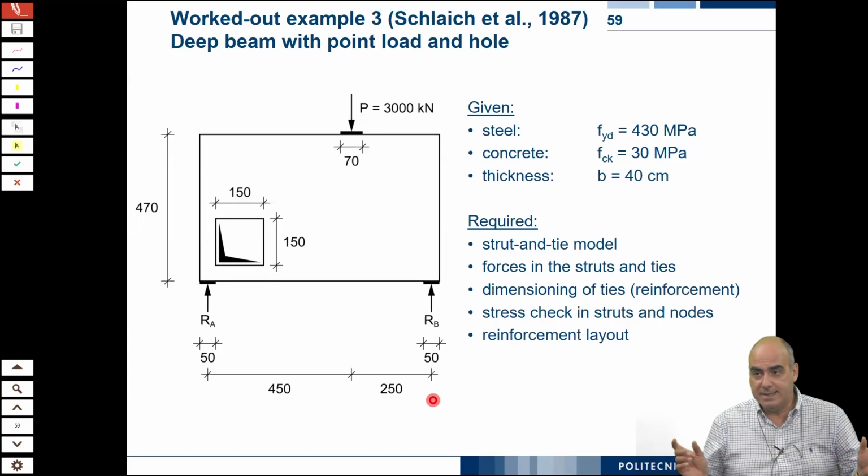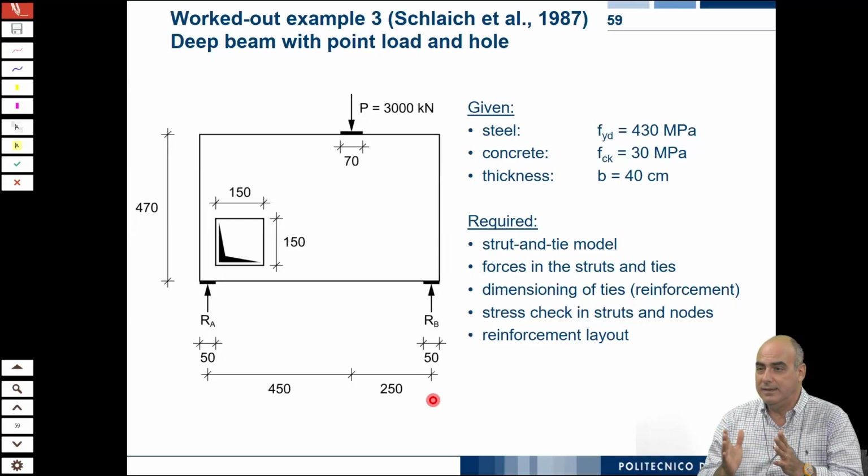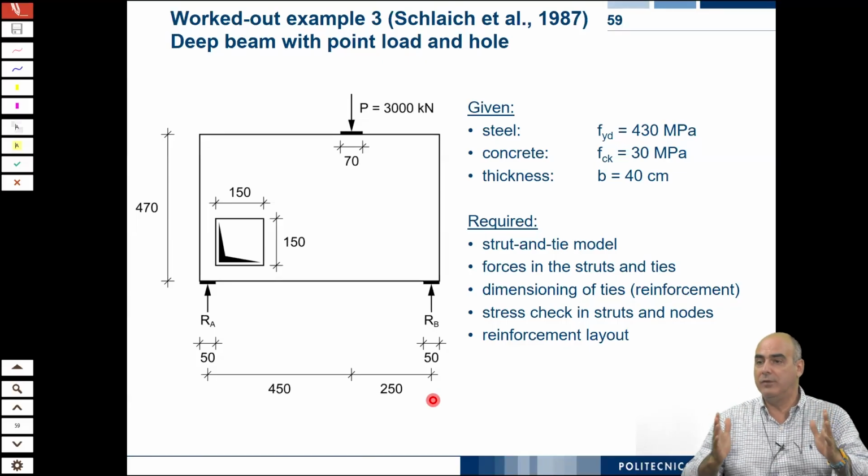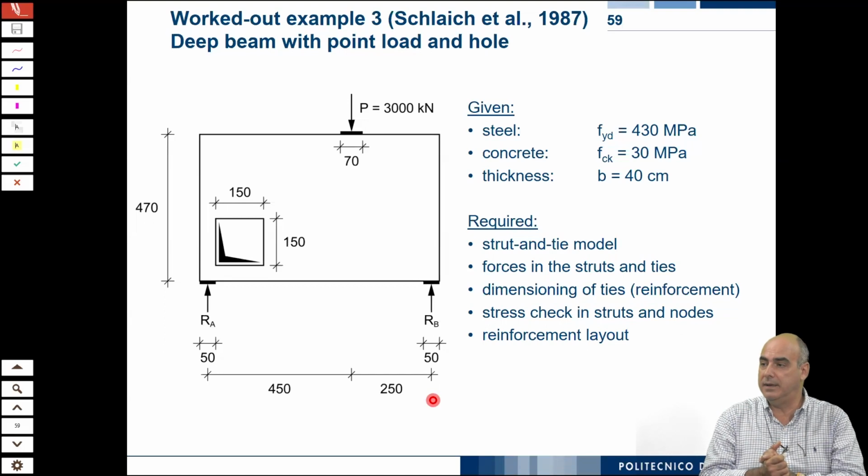The supports and the load application area are not points, because in reality your support has a physical dimension, and the same is for your load application area. So the supports are half a meter wide, and the load is applied over a 70 centimeter wide region.